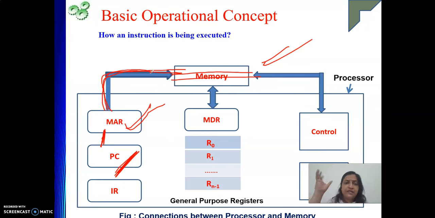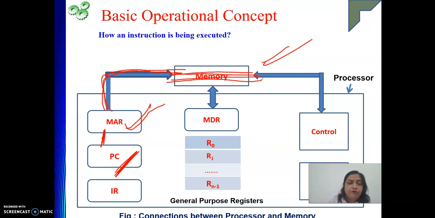Otherwise, that communication will result in failure. So the processor has given the address and the signal, but memory will take some time to give the data. During that time, the processor has to wait. After the waiting is over, memory will give a signal: yes, your data is ready. Then the processor will read the data.